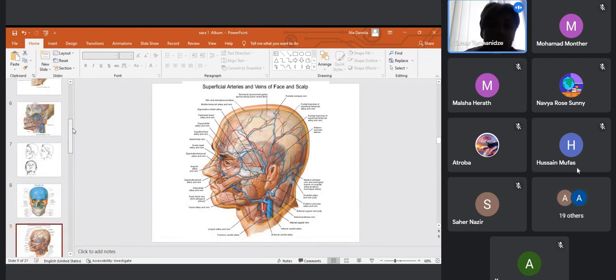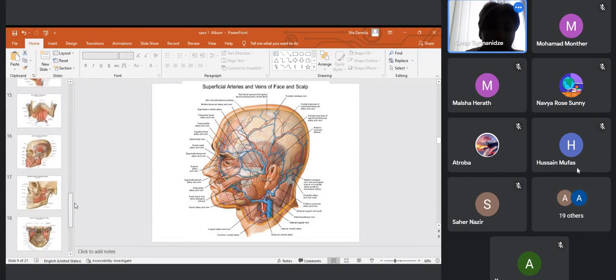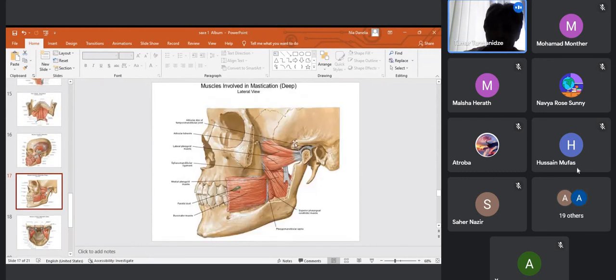Yeah, so the deep region of the face lies between the lateral and medial pterygoid muscles, the mandible, and the maxillary bone.